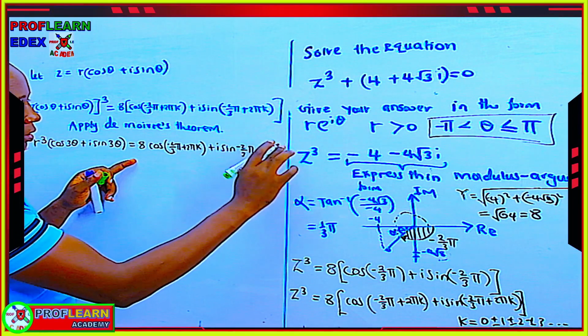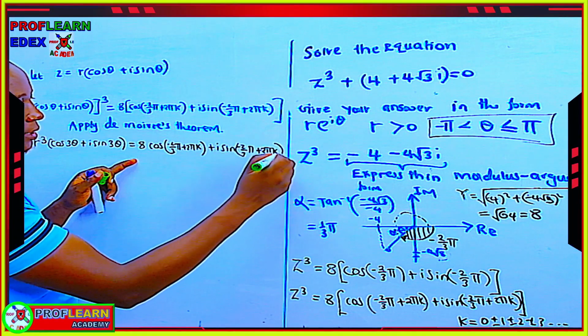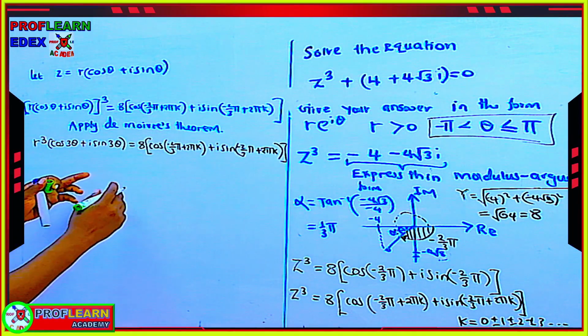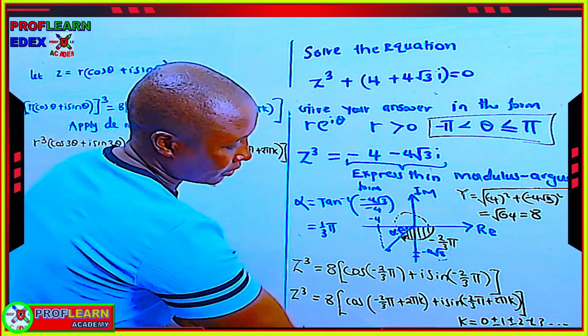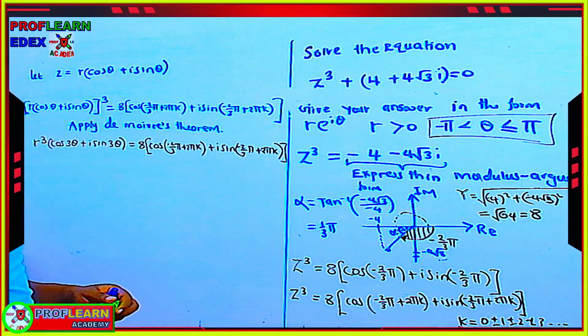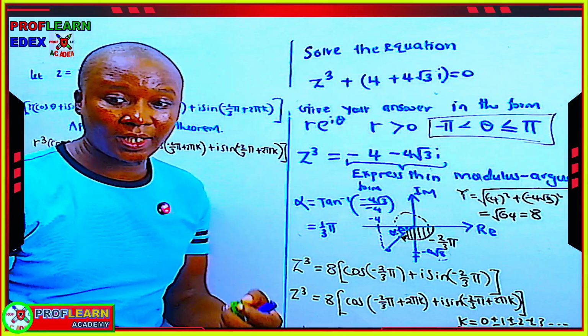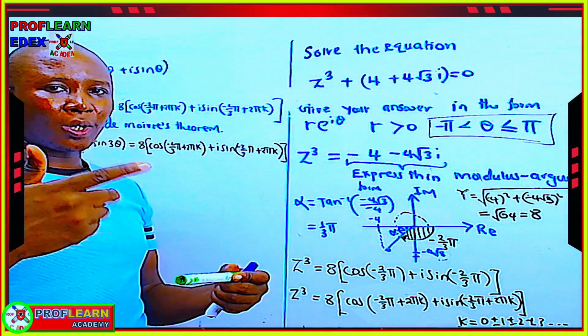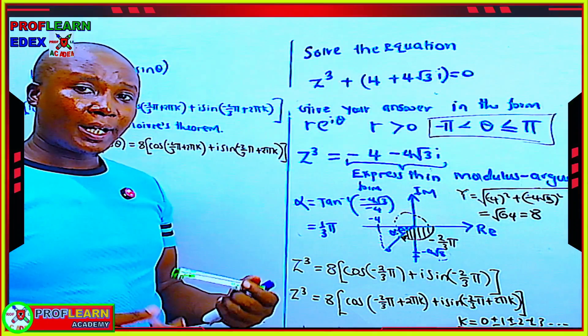And of course, we have already mentioned that this k is going to lie within this. K equals 0, then you are going to find a set of values for z, because you are not going to find the exact value of k. You are going to have a set of values of z.